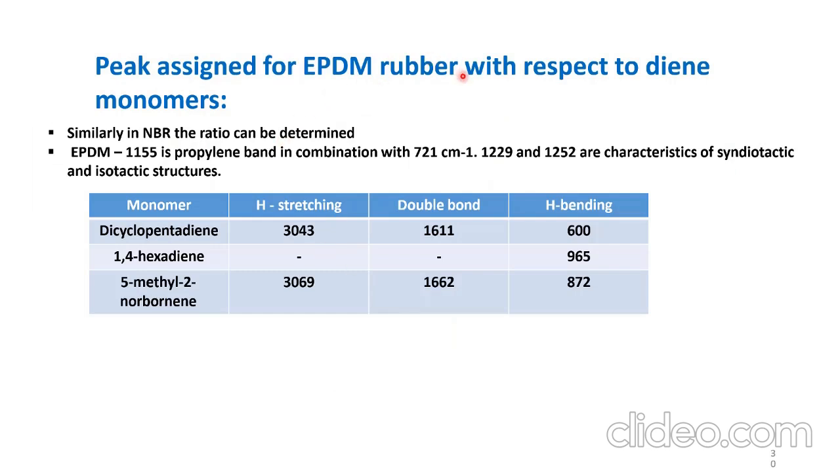Then for EPDM rubber, we have diene stretchings. So diene groups are there, and then we have norbornene.